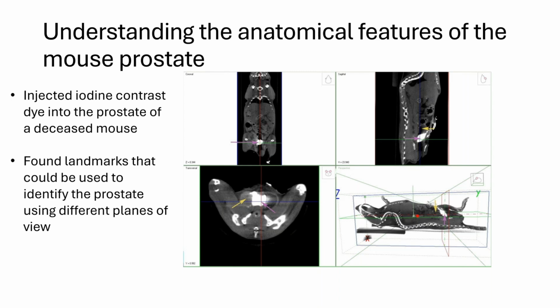And so you have to use a lot of other landmarks to be able to really say that, yes, this is the prostate. So we did this experiment, and we felt fairly confident that we knew what we were looking at when we were imaging these animals.